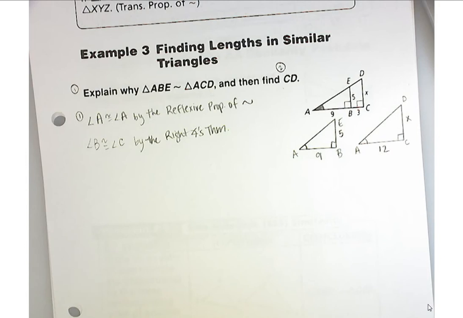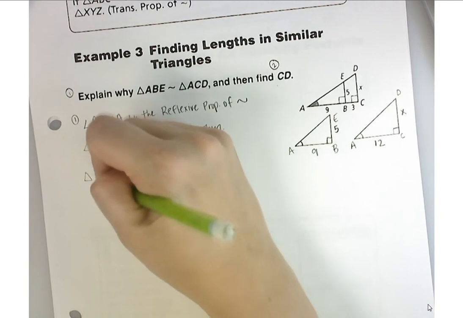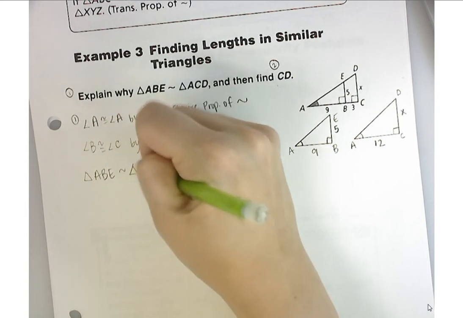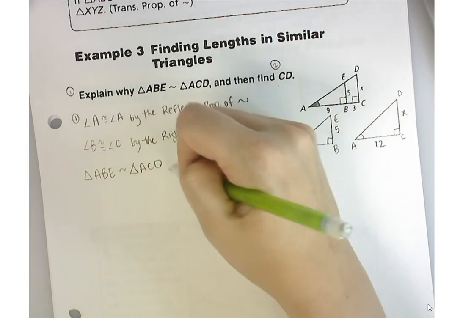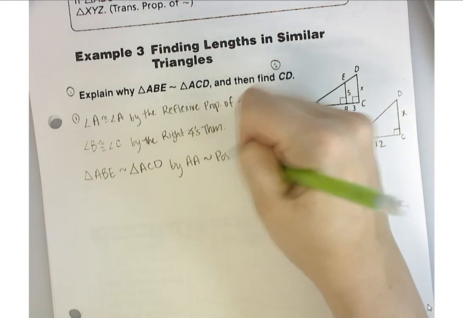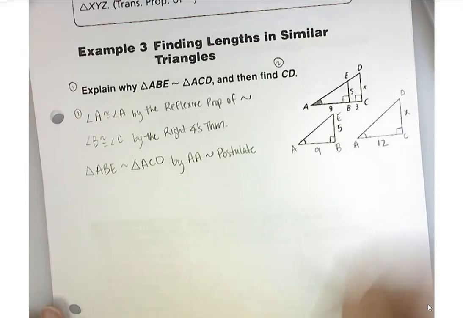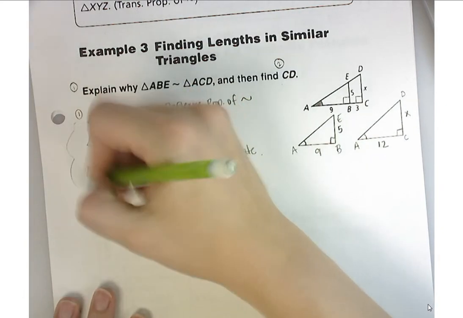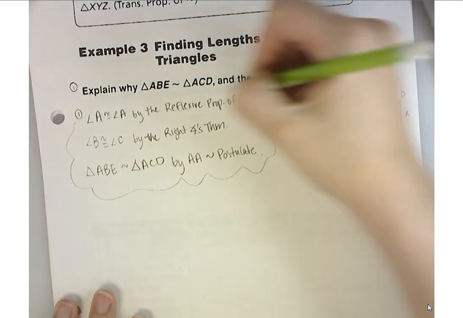So then we know that triangle ABE is similar to ACD by the angle-angle similarity postulate. Okay, so you need all of that for step 1 because you're explaining.